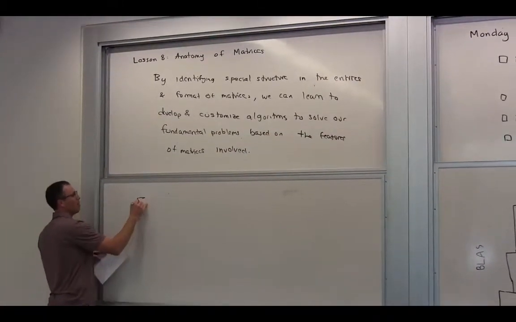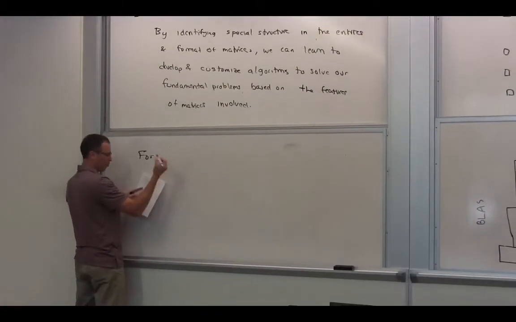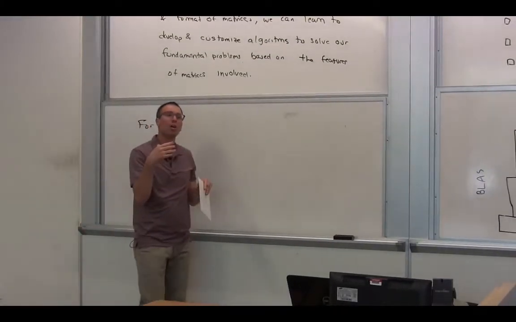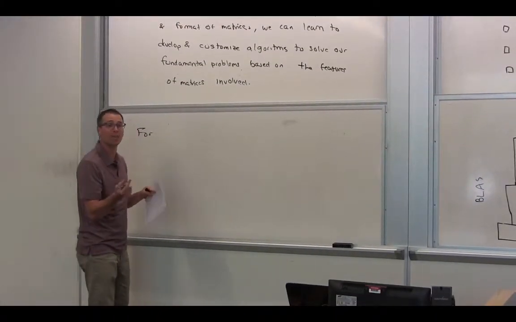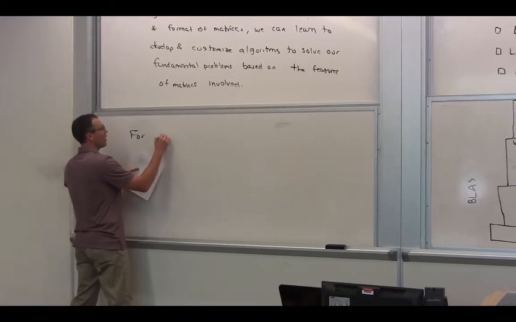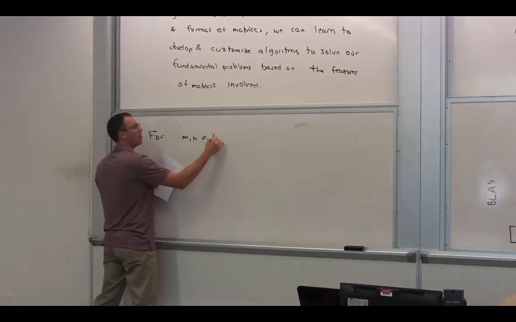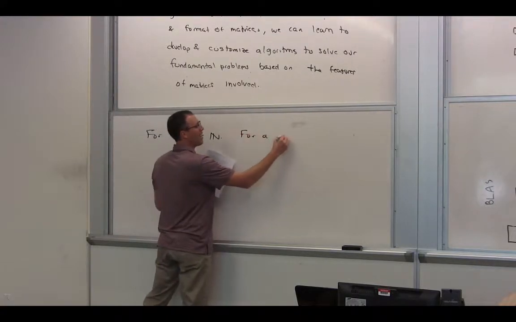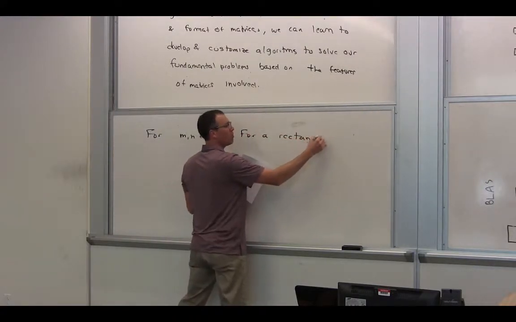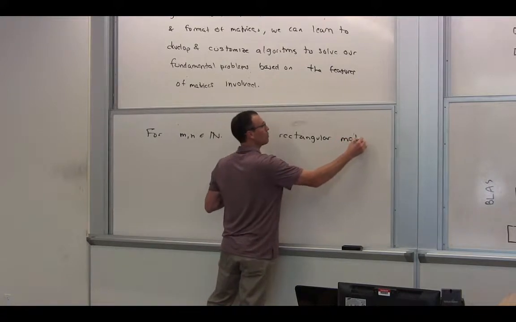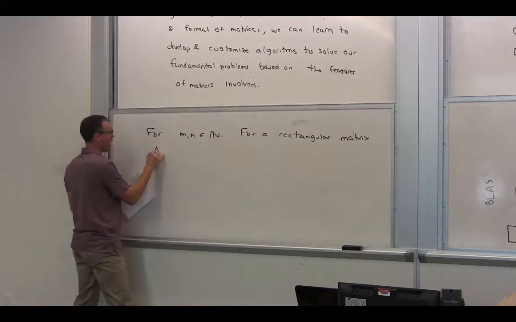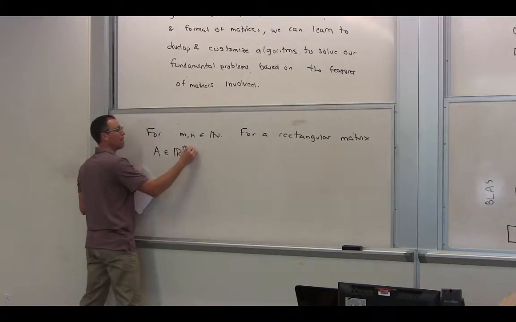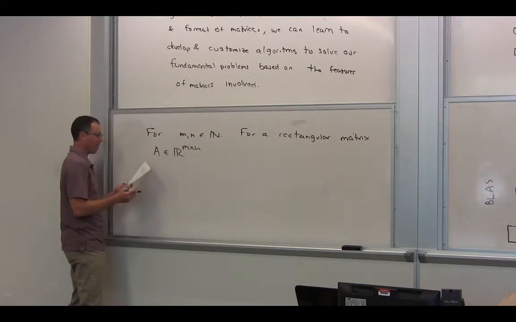Okay, so the first thing we're going to do is start to introduce some terminology to discuss what rectangular matrices look like. So let m and n be elements of the natural numbers. For a rectangular matrix A, an element of R^(m by n), how many rows does it have and how many columns does it have?